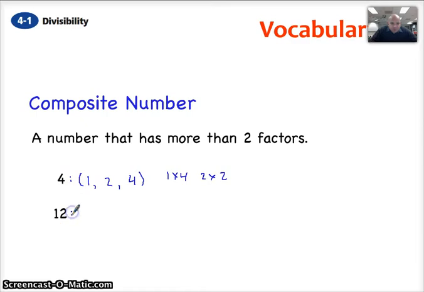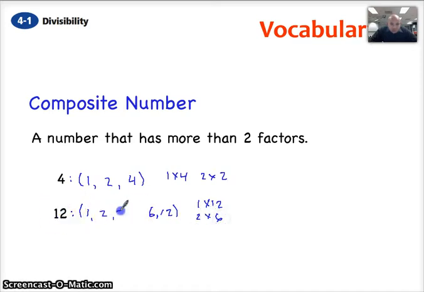We look at 12. It also is a composite number. It has more than two factors. We, of course, have 1 and 12 because 1 times 12 equals 12. We have 2 and 6 because 2 times 6 equals 12.